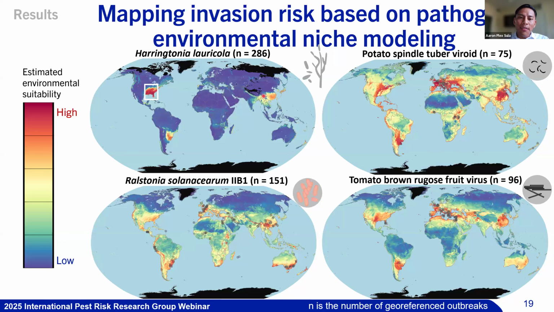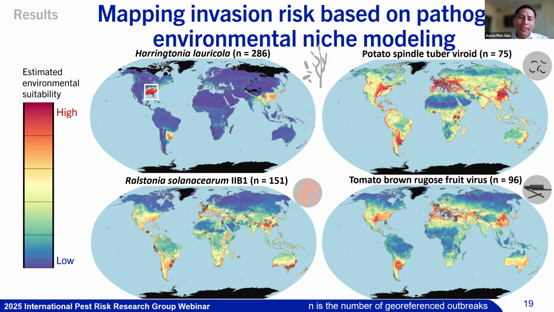And the same for the other pest species. For every pathogen in this study, a large area in the United States is estimated to have high environmental suitability when we train the models on the global set of pathogen outbreaks.